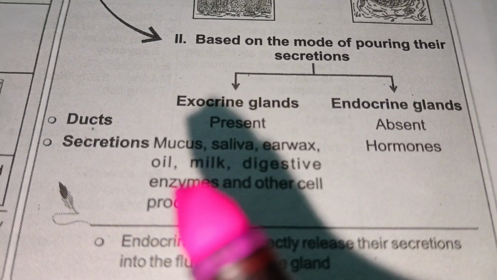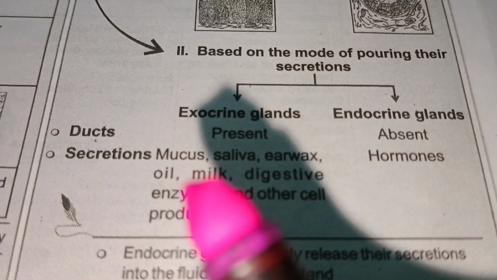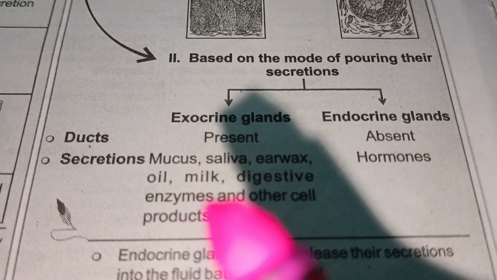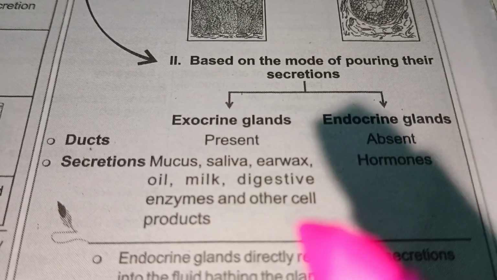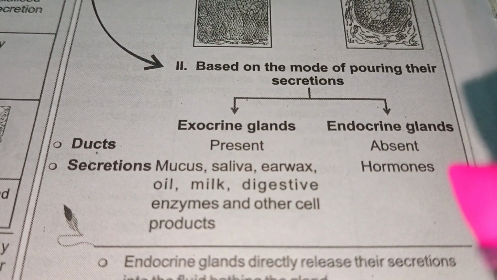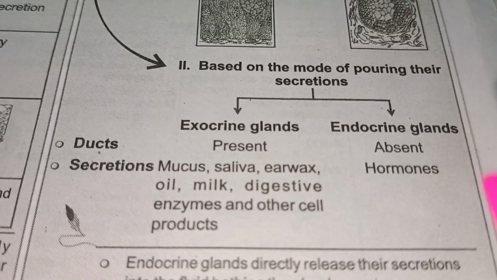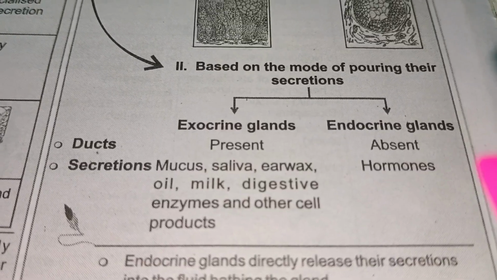Here we can see the exocrine glands secrete their secretion through the ducts, means that the gland passes that secretion through the ducts. And in endocrine glands there is an absence of ducts, means it secretes hormones. Hormones don't require any ducts to reach the body.